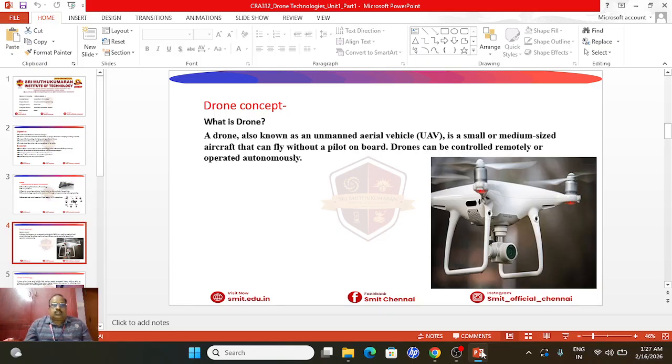First, what is a drone? A drone is also known as an unmanned aerial vehicle. It's a small or medium-sized aircraft that can fly without a pilot on board. Drones can be controlled remotely or operated autonomously.